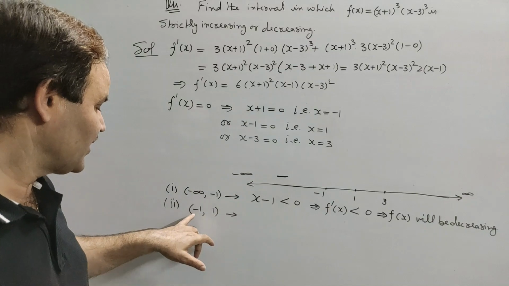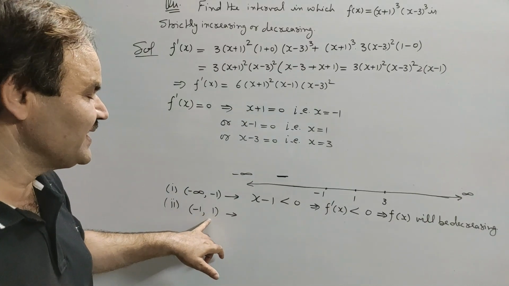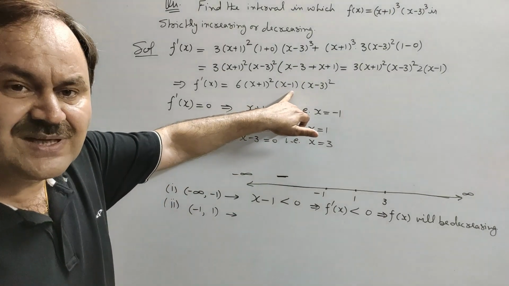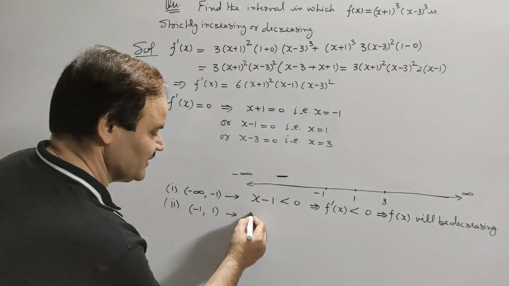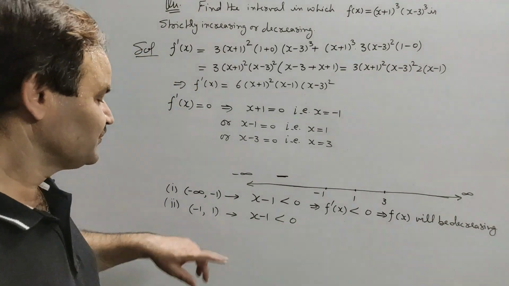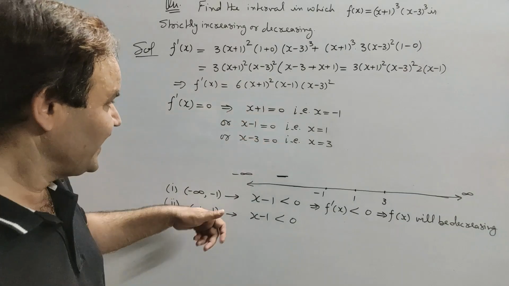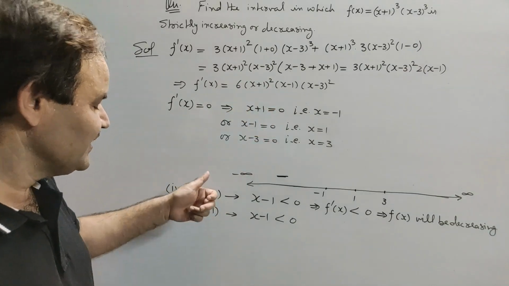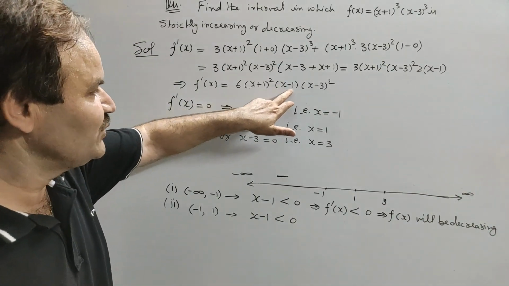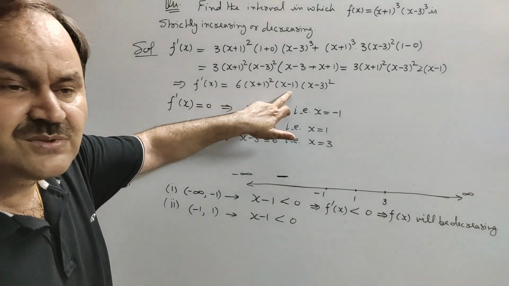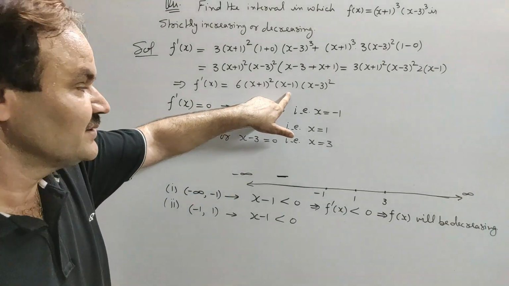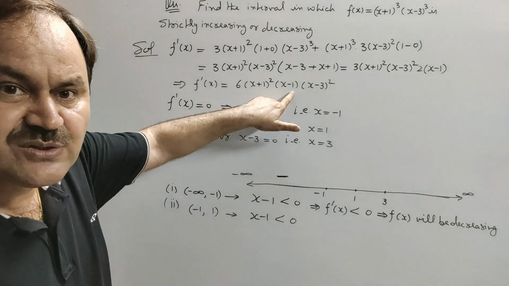So for the value of x between minus 1 and 1, the value of x minus 1 will be less than 0, because the value of x is varying between minus 1 and plus 1. For x equal to minus 1, the value of this factor will be minus 2, and for x equal to 1, the value of this factor will be 0.